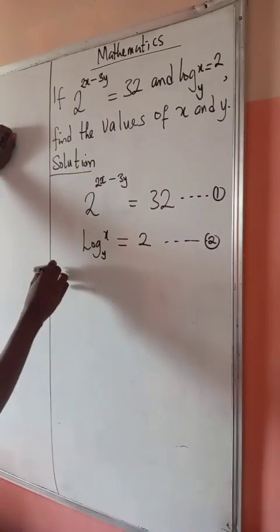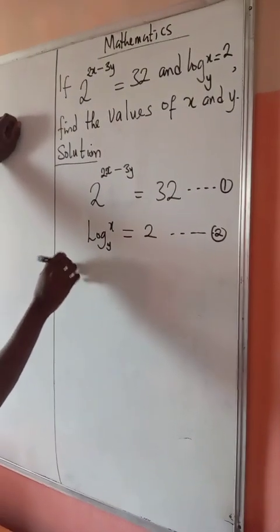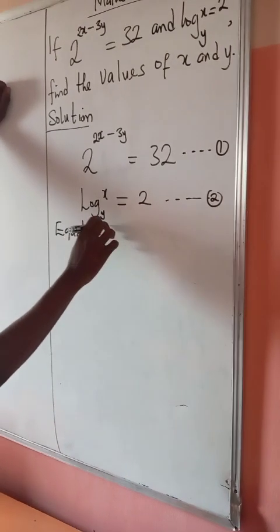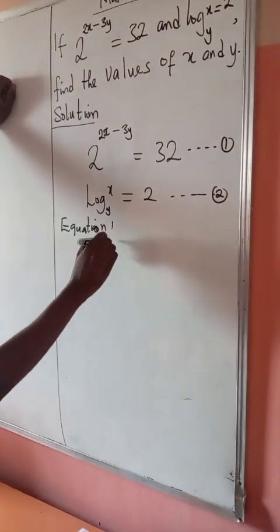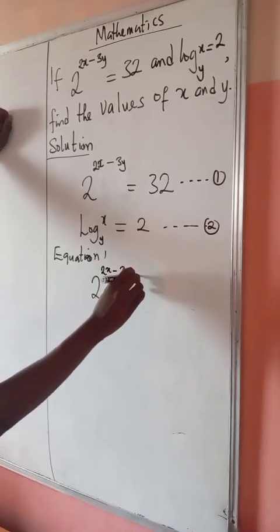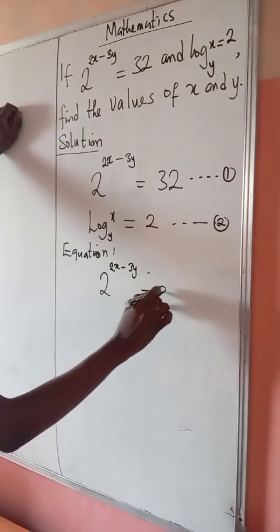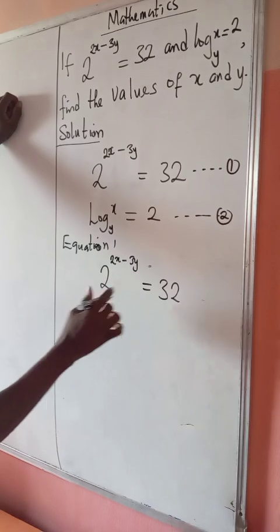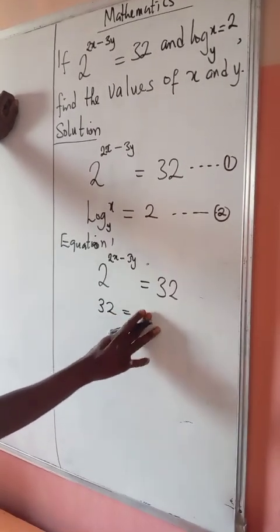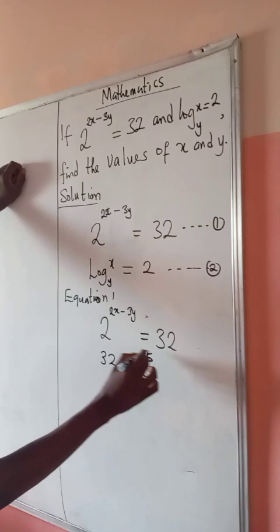Now let's take equation 1. We have 2 raised to the power of 2x minus 3y is equal to 32. We all know that 32 is equal to 2 to the power of 5.